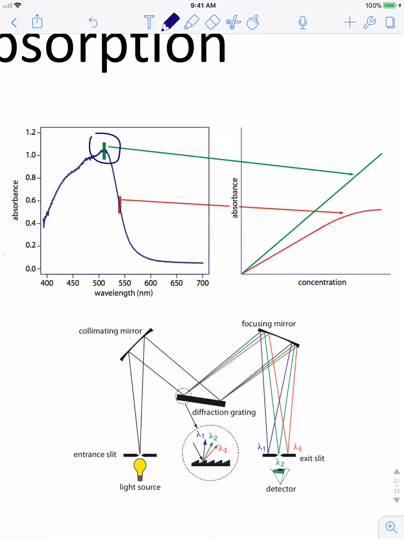But if we were to pick the side of this peak and not pick the peak max, we would eventually get this limiting function earlier on, which means that we would not be in a linear range for as long. So we always want to pick the point of maximum absorbance when we build our calibrations, as we did in the Beer's Law lab with the iron 1,10 phenanthroline complex.